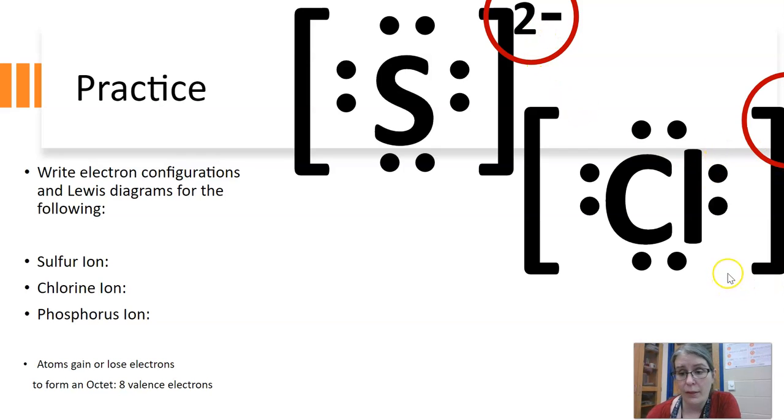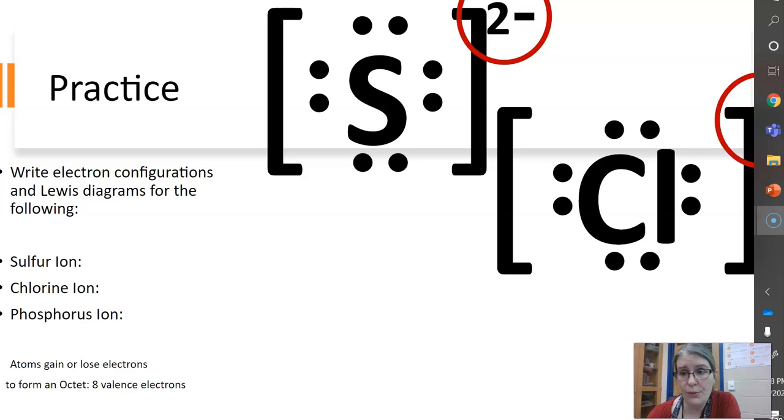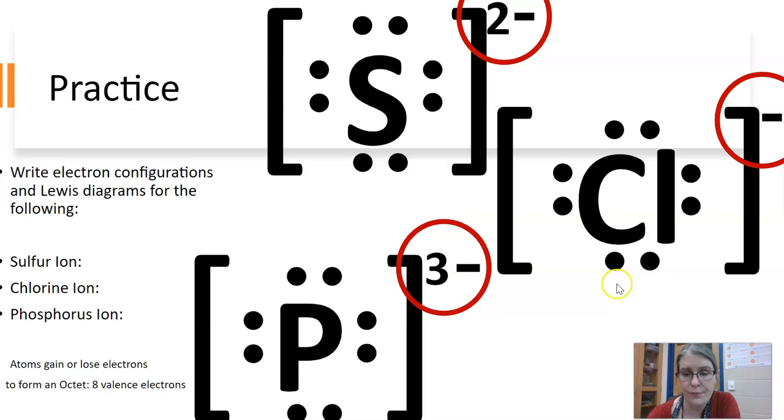Chlorine, I'm going to go ahead and add 1 electron to it, which is going to give me a 1- charge. And phosphorus, because I added 3 electrons, now has 3 extra electrons, or a 3- charge. Remember, when you add electrons, it forms a negative ion. I know that's a little bit counterintuitive.